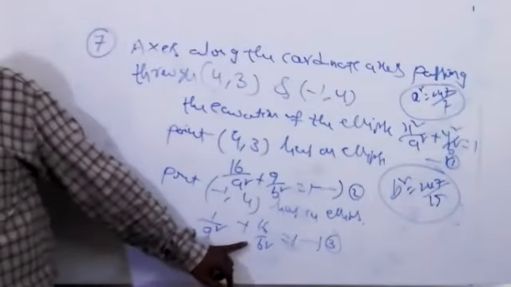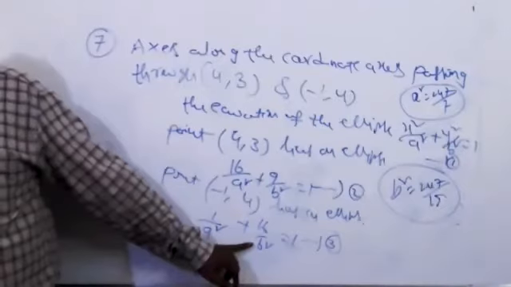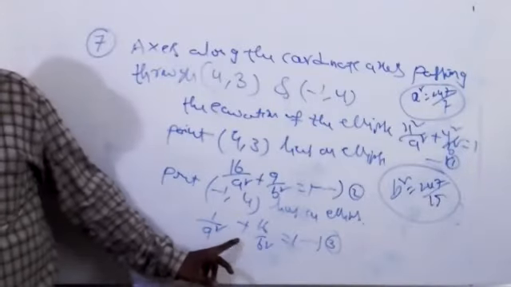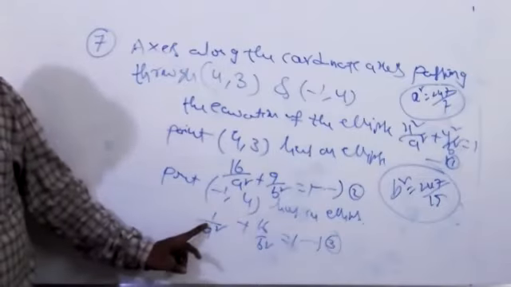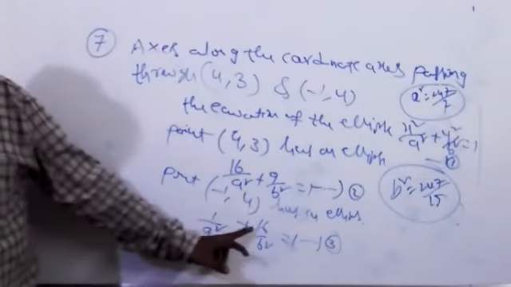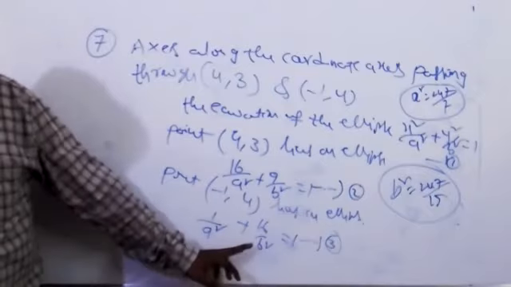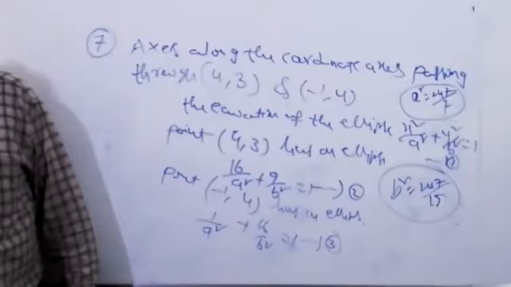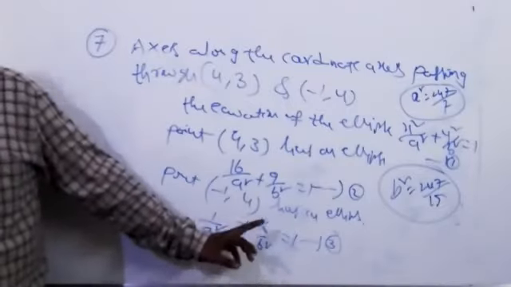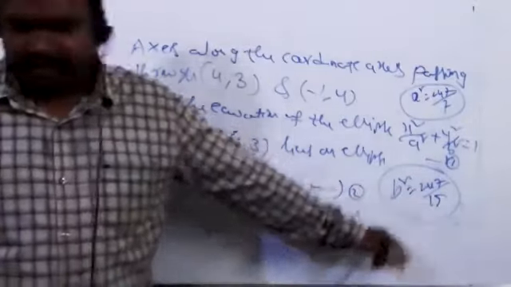In the third equation, multiplying 16 on both sides, the 16 by a square gets cancelled. Here 256 upon b square is equal to 1, then b square is equal to 247 upon 15.